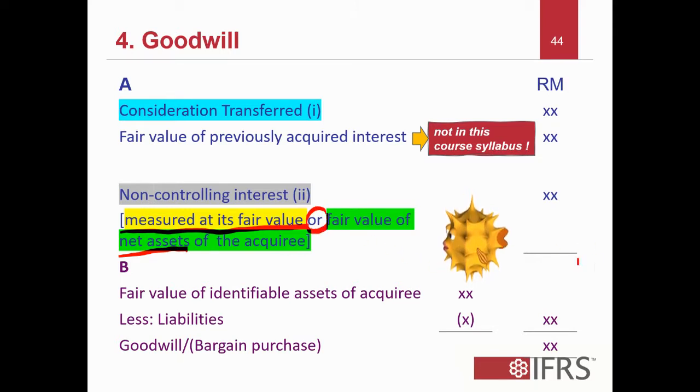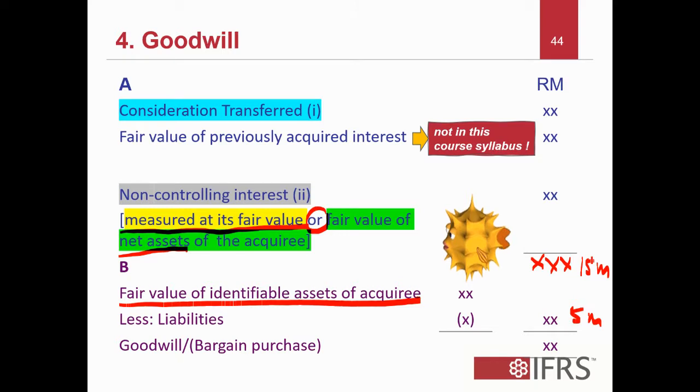So if you have got that, and let's say you have a total here, and the total here exceeds B. What is B? Fair value of the net asset in the acquiree. So fair value of the net asset, let's say here is 15 million and here is 5 million.